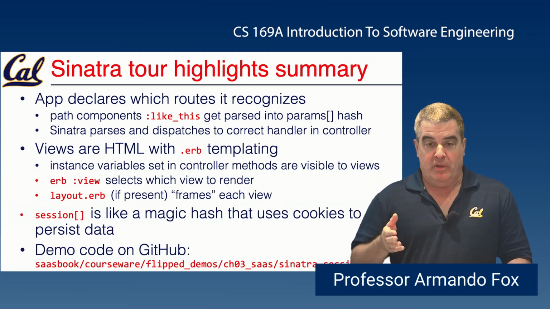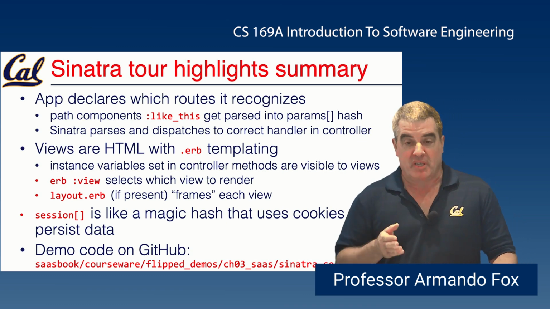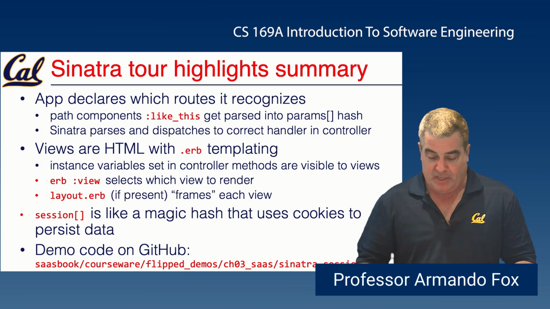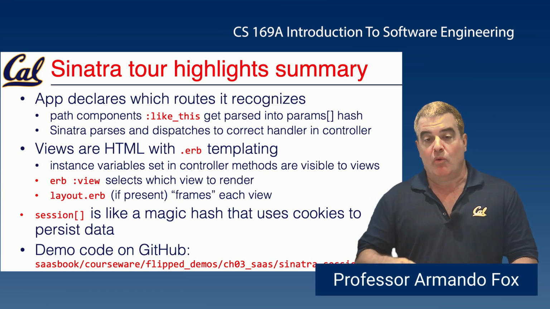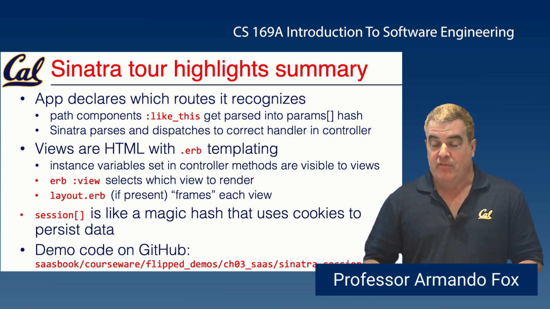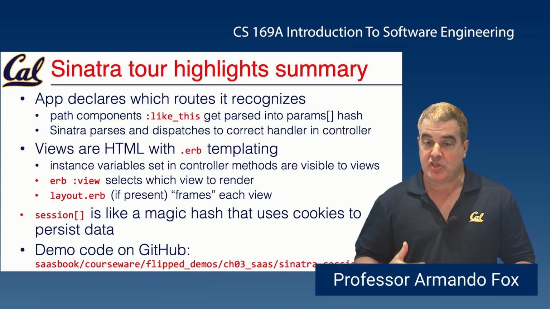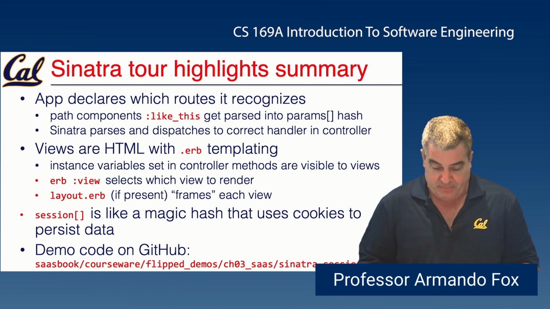In your browser, most browsers have a setting where you can temporarily disable cookies. You can try this demo app. The GitHub repo is public. The URI is right there. You could try running the app yourself and seeing that if you disable cookies, the ability to preserve that name across invocations will go away because the browser is no longer passing the cookies back to the server.